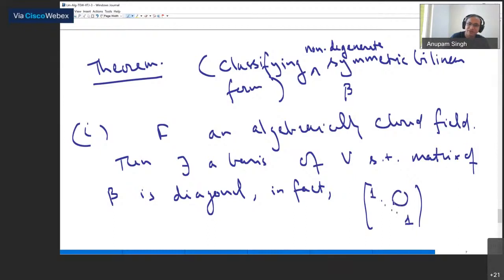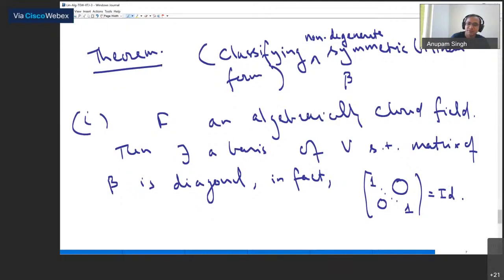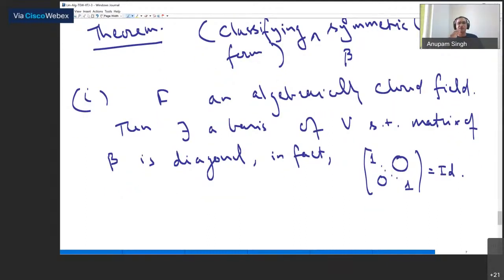It is exactly this matrix, the identity matrix. Over an algebraically closed field, for any non-degenerate symmetric bilinear form, I can always find a basis such that it becomes a diagonal matrix. This theorem is only for symmetric bilinear forms, not for any bilinear form. If I look at the congruence class of a symmetric bilinear form over an algebraically closed field, then there is the identity matrix in that equivalence class. That's what it means.